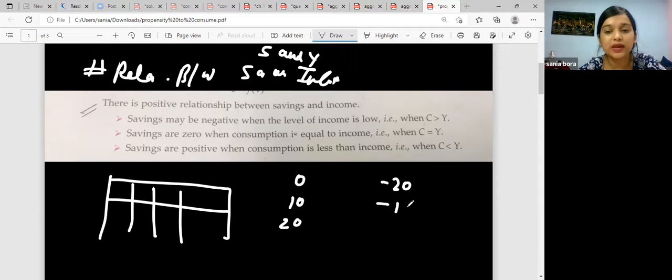Minus 20, then minus 15, like this. So the first relation is that savings may be negative when the level of income is low. That means when your C is greater than Y. You can check over here, your C is greater than Y, right?